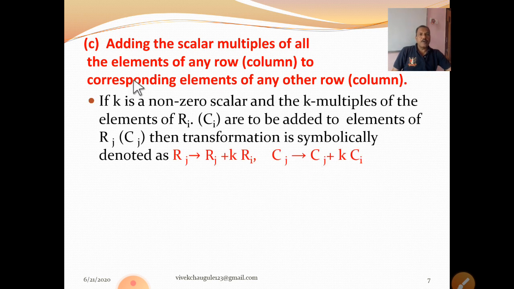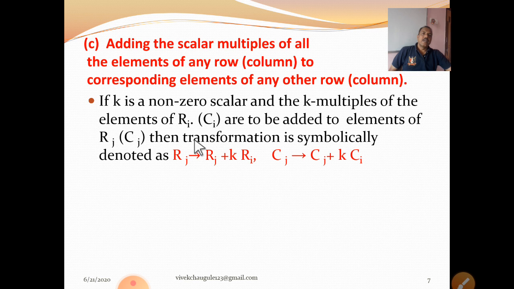See here, adding scalar multiples of all the elements of any row to the corresponding elements of any other row. That is, we multiply a non-zero scalar by any row, and that multiple is added to the corresponding elements of any other row. Similarly this holds for columns.